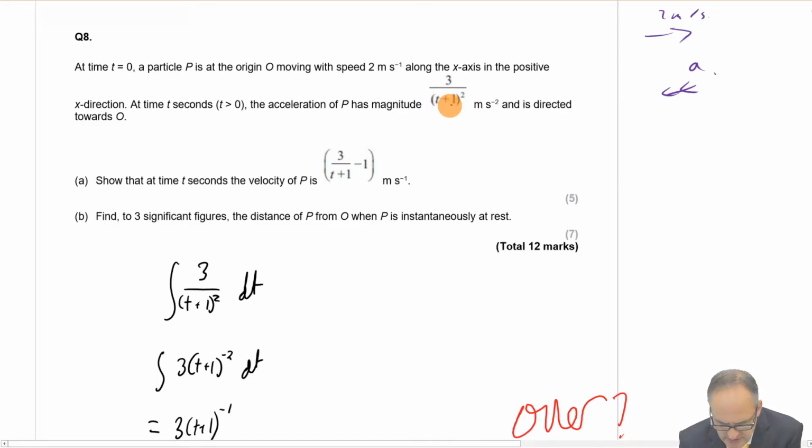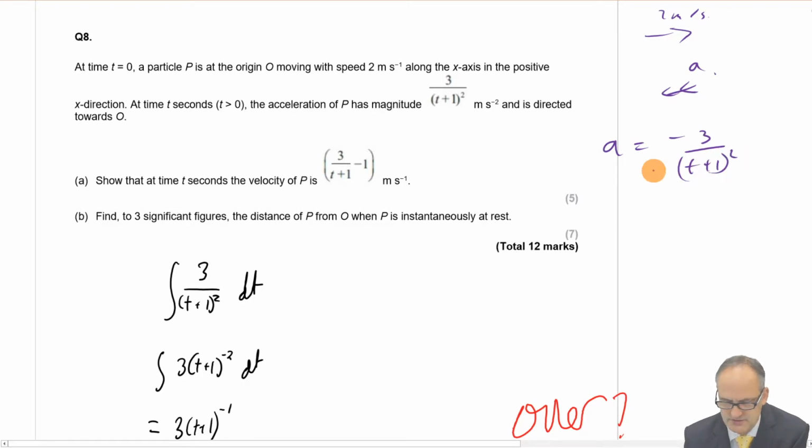Now, if t is bigger than 0, this function is always positive. So we need to put a minus in front of it. So our a will equal minus 3 over (t plus 1) squared. That is the key starting point, and it probably tripped you up to start off with.